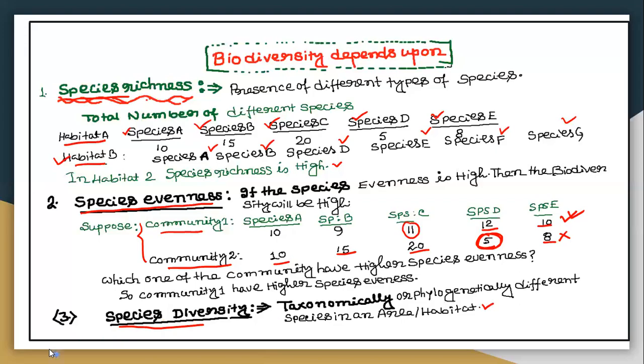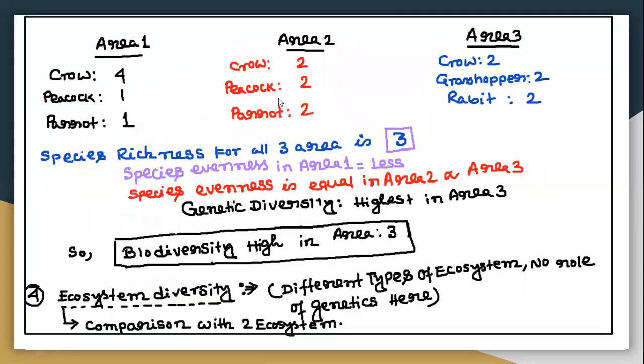Now you can see area 1, area 2, and area 3. Here you can look at the different species: crow, peacock, and parrot. In area 1, crow is 4, peacock is 1, parrot is 1.